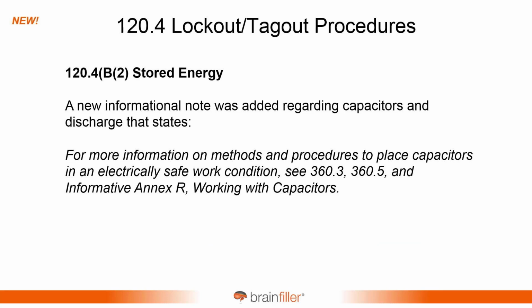So there's a new informational note regarding capacitors and discharge. And it states that for more information on methods and procedures to place capacitors in an electrically safe work condition, see Article 360. And it specifically targets 360.3 and 360.5 and informative Annex R. These are very large additions to NFPA 70E.